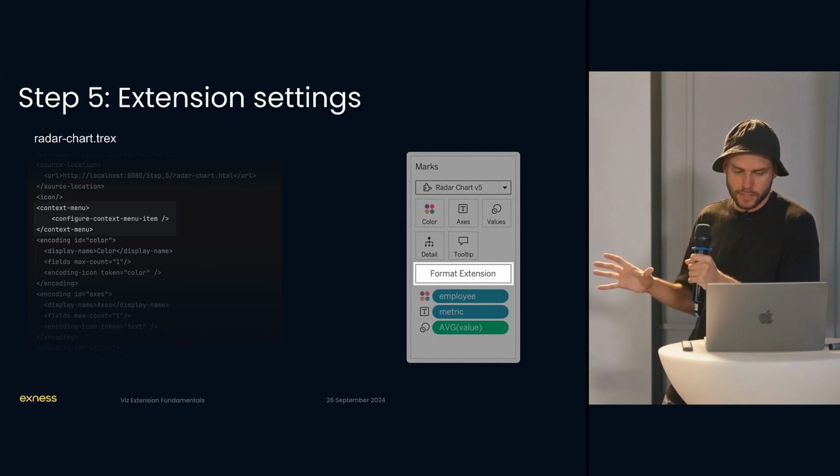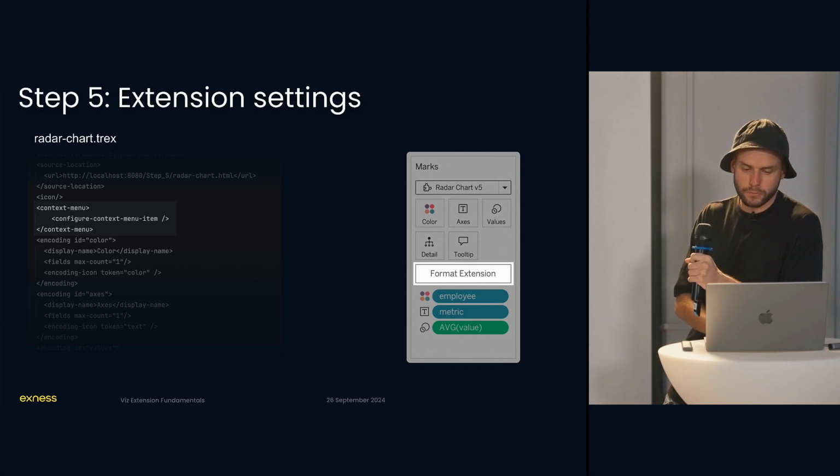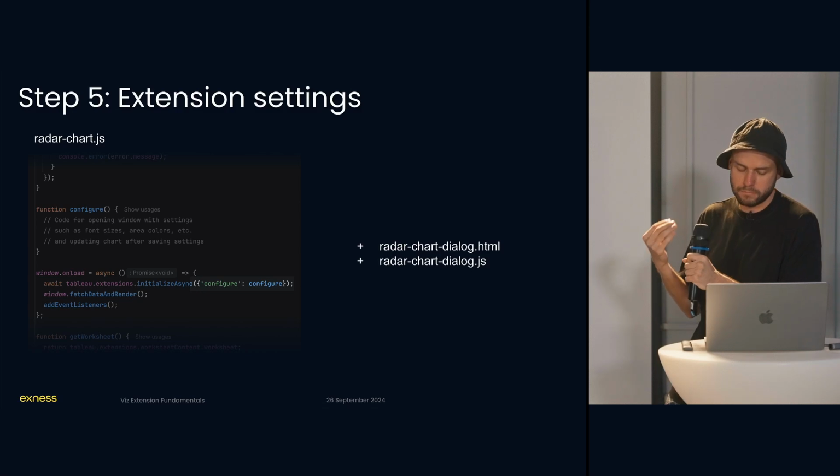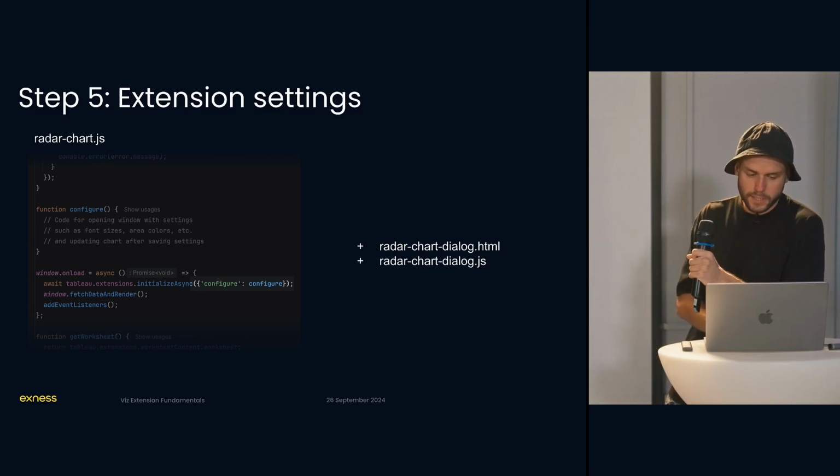For this, I have added a new small block of code on the left side, and the result again at the right side, the format extension button. But now we need to code it. We need to adjust the logic of how it goes. So for this, I need to adjust my initialization process.